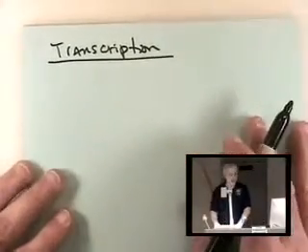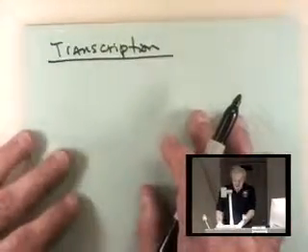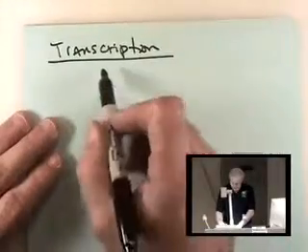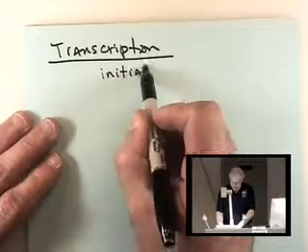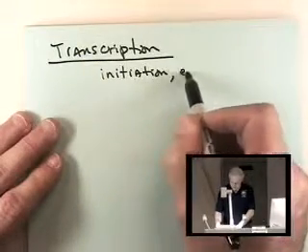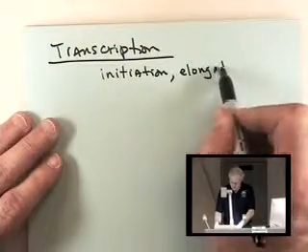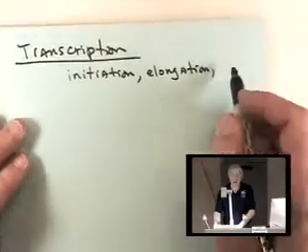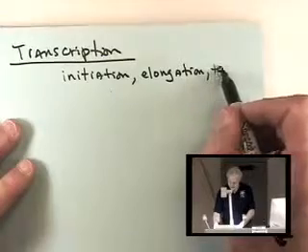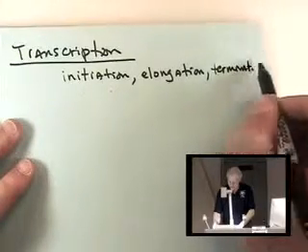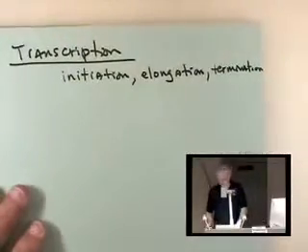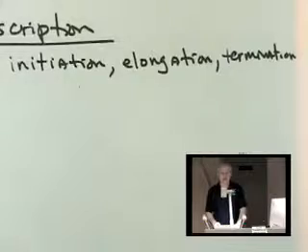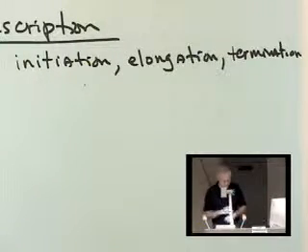So with transcription, as with translation too, initiation, elongation, and termination. There are 3 stages of it, right? So initiation, elongation, termination. So at each point in discussion, I'll try to refer us back to which stage we're talking about.